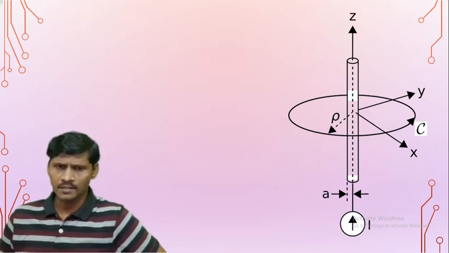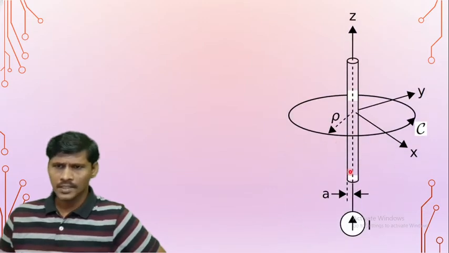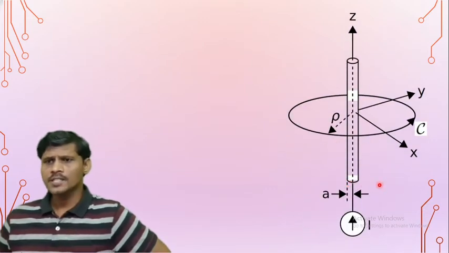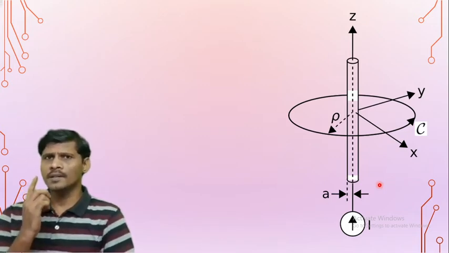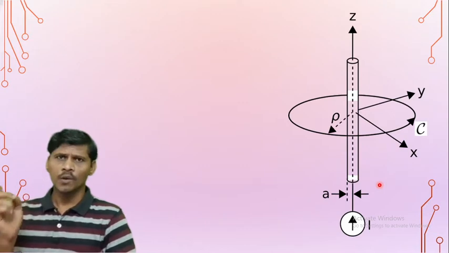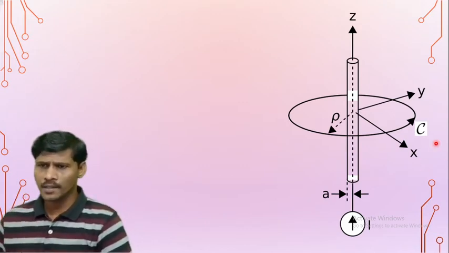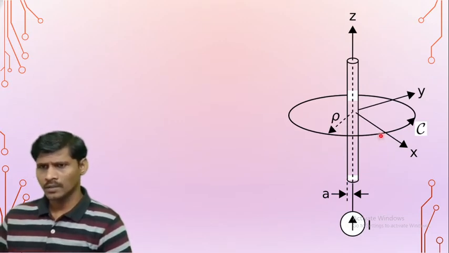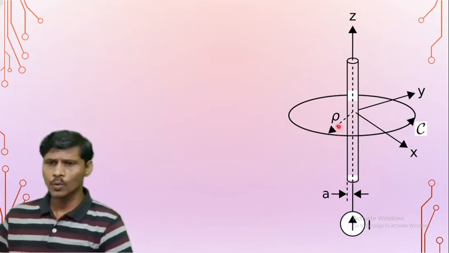From the given data, this conducting rod radius is a meters. So consider the closed path or Ampere path which encloses the direct current carrying long straight conducting rod, and the radius of the Ampere path is rho meters.